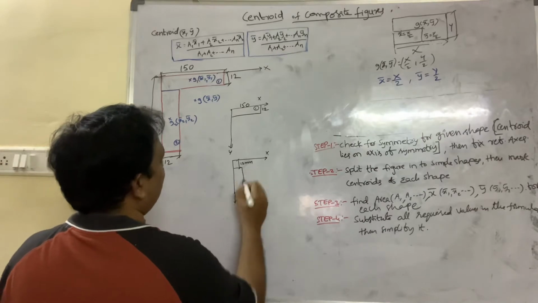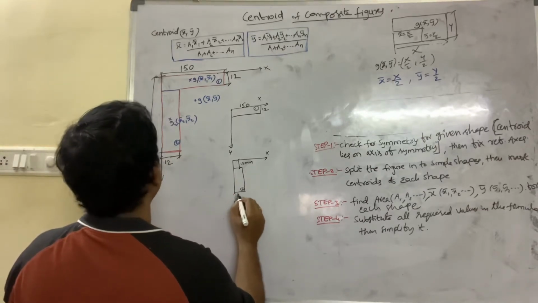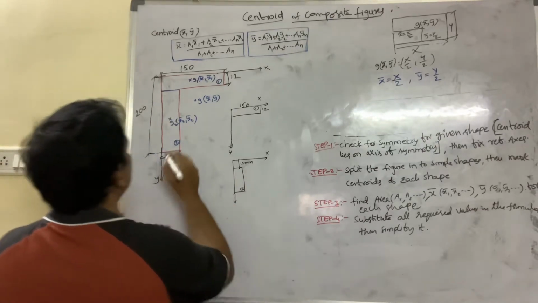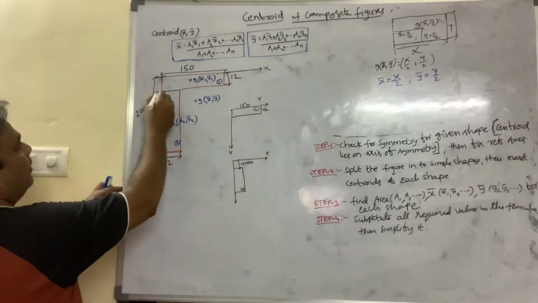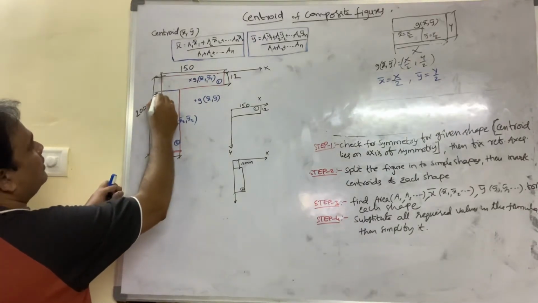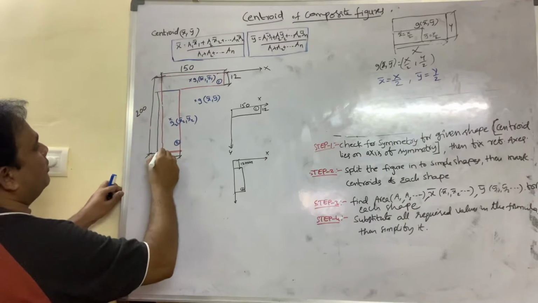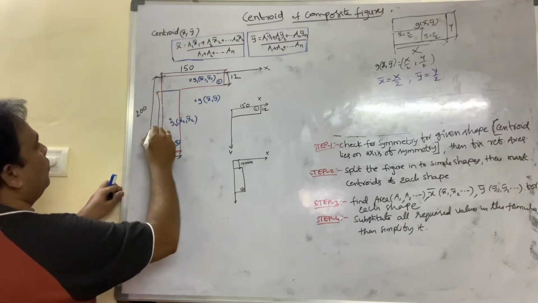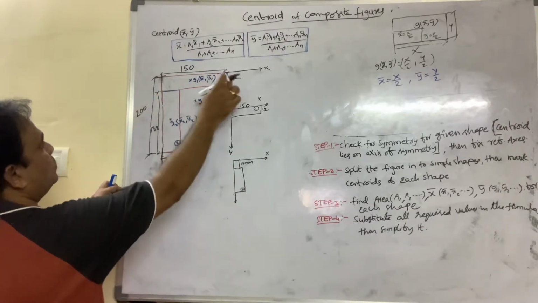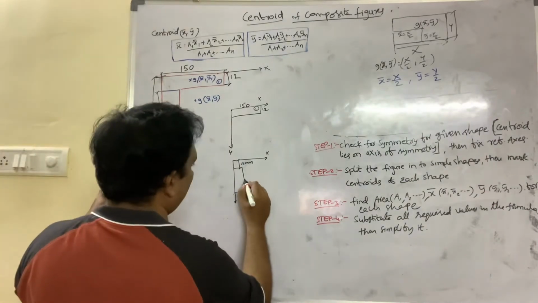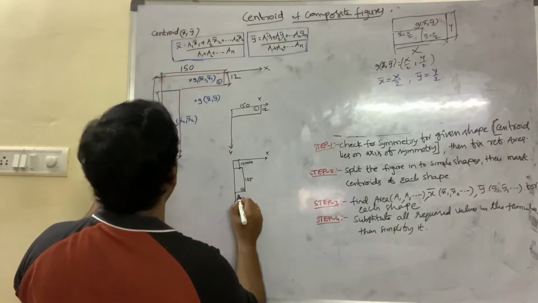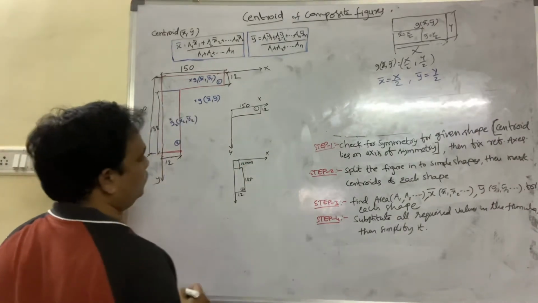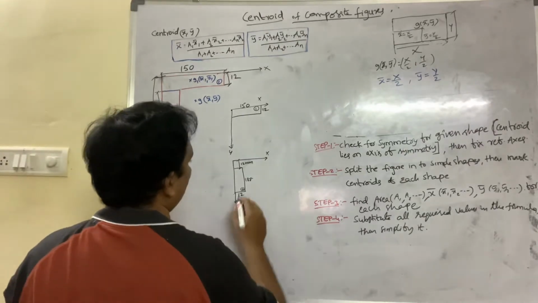And this is the second member, with its dimensions. After splitting, the height of the second member changes to 188, that means 200 minus 12, that is 188. So here the dimensions are 188 and 12, right?